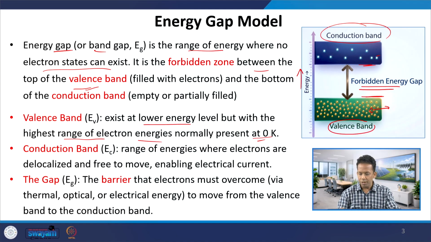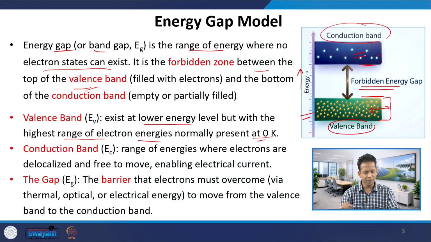So the electrons in this valence band do not contribute to the electric current. Though the electron energies are high, the entire band is at a lower energy level, because it's obvious, electrons prefer to stay at lower energy states.